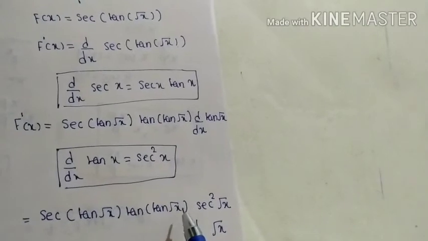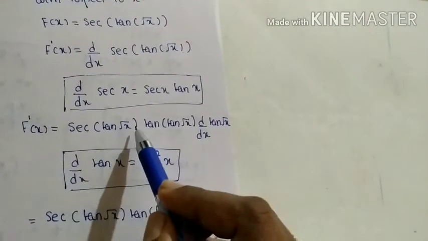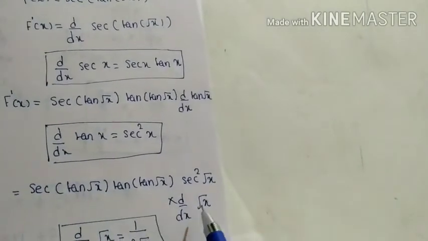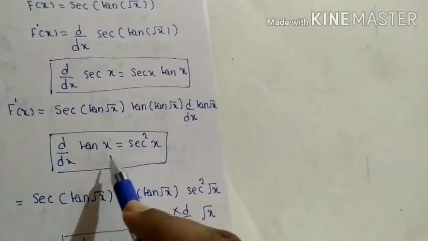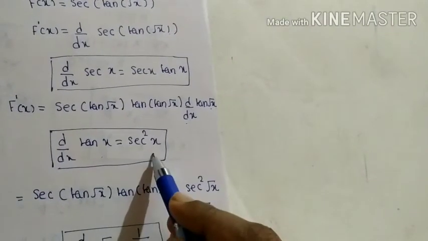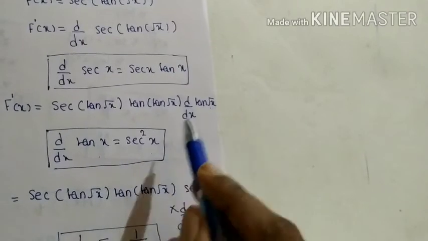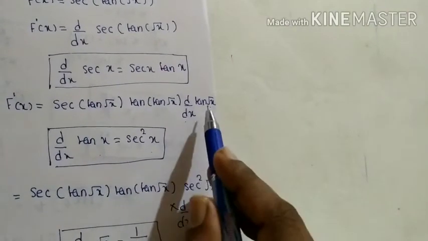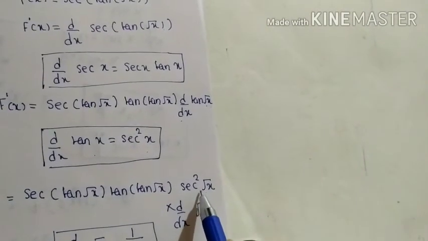And second one is derivative of tan x. We know that the derivative of tan x is sec square x. Here we need to find the derivative of tan root x. So x is replaced by root x. So answer of that term will be sec square of root x.